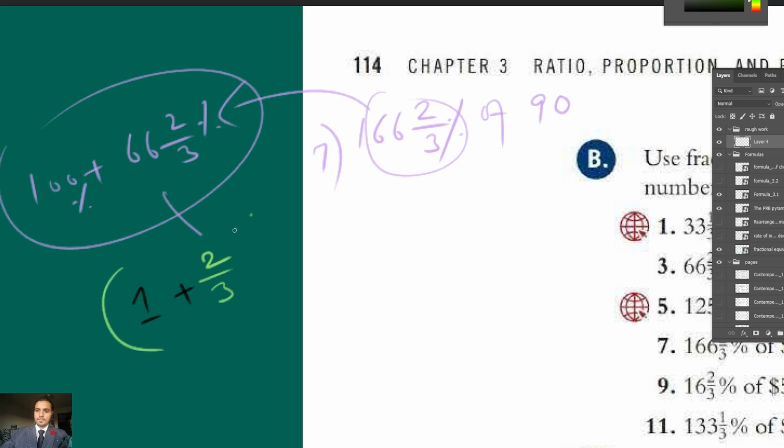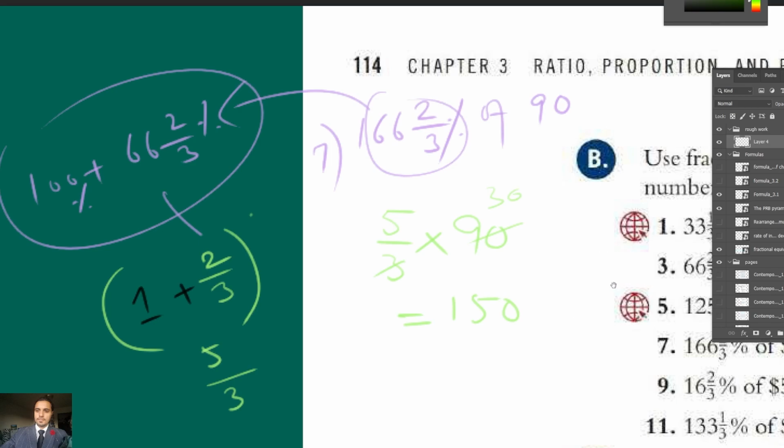So it will be 5/3. Yeah? So 5/3 times 90, and you get 30, you get 150. So you get the general idea. This is how they want us to do this one.